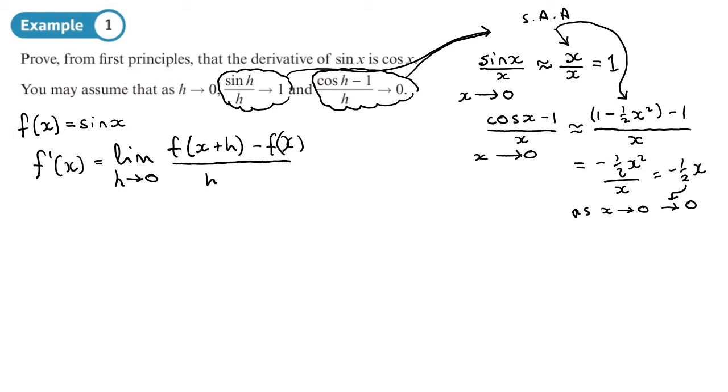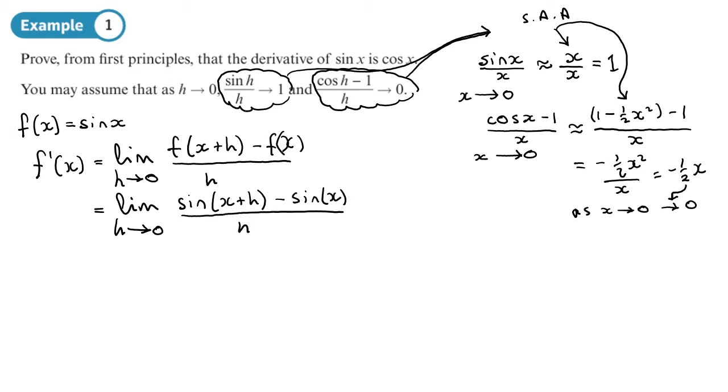So now we can replace that with actual sine, so that becomes sine of x plus h minus sine x over h.